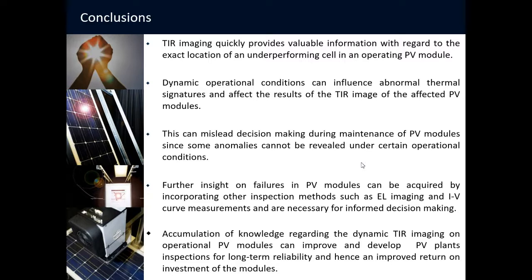Accumulation of knowledge regarding dynamic thermal infrared imaging on operational PV modules can improve and develop PV plans and inspections for long-term reliability and hence an improved return on investment of the PV modules.